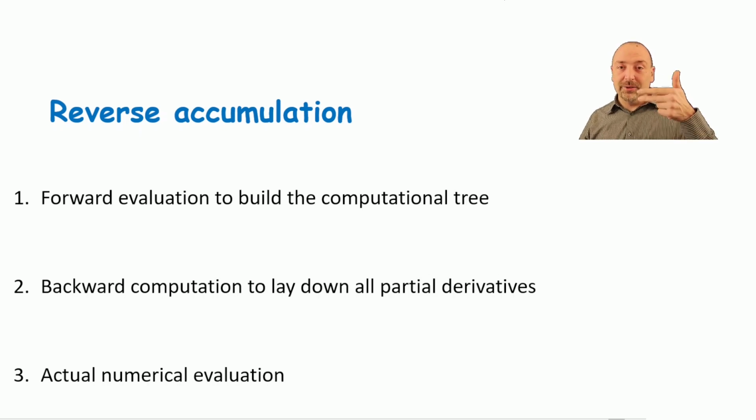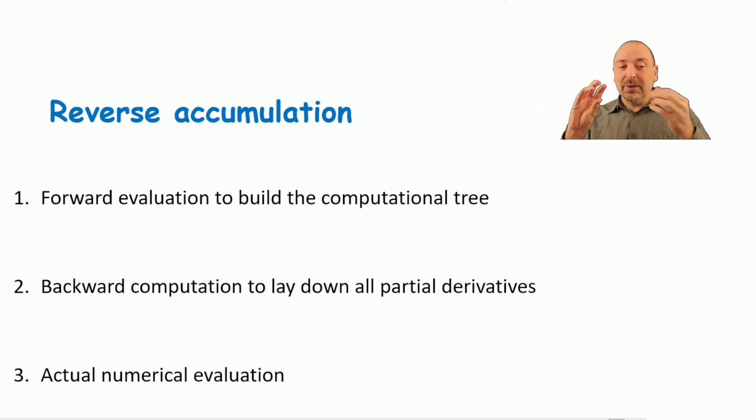So first, we evaluate the function without really evaluating, but just to study the structure, and we build what is called the computational tree. Okay, so we study the forward evaluation to study the function, and then we go back, because for each step we need to put down the partial derivatives.